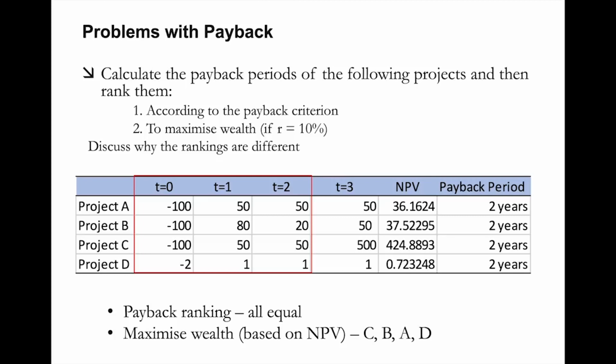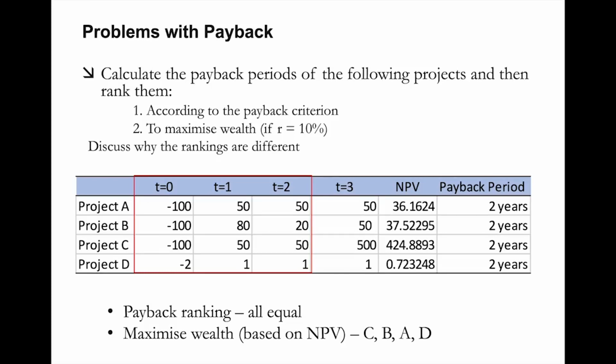They're all 2 years. But ranking them based on NPV, well, Project C is earning us an NPV of $424.89. Project B is second most valuable at $37.50.